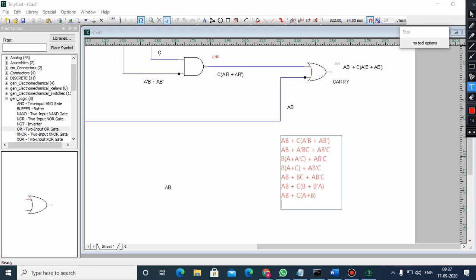Using the distributive law again, B plus B complement A is equal to B plus A. So I have written that A plus B, which is equivalent to B plus A. Now further I can write AB plus AC plus BC. This is the expression for the carry, which is this one. So this is how we have implemented a full adder using two half adders.